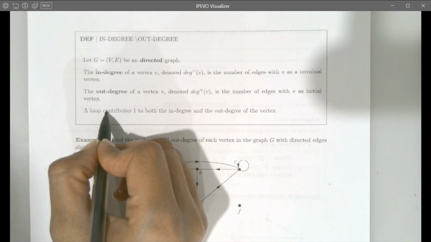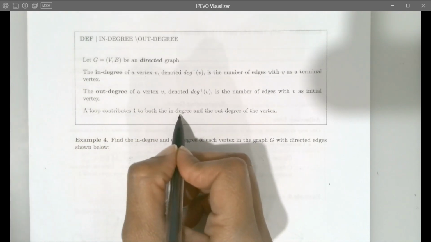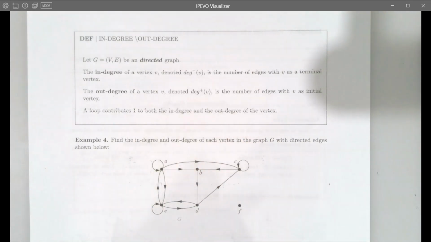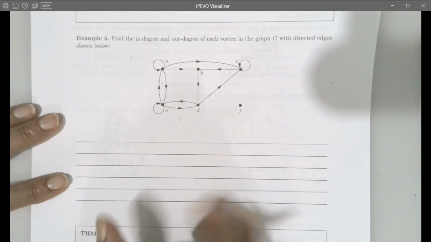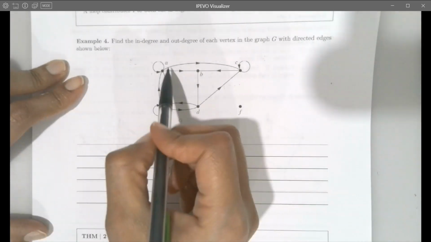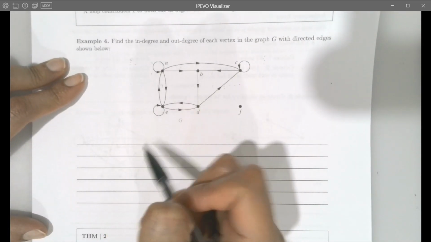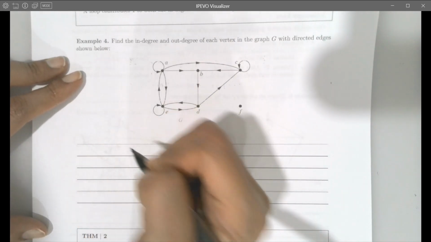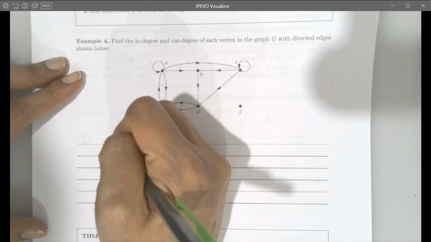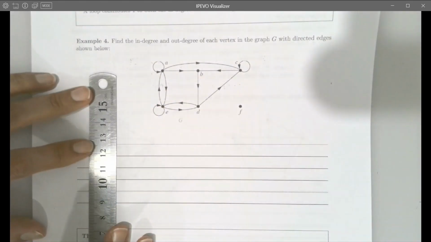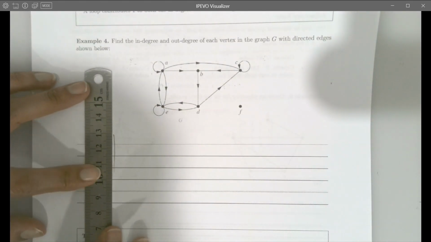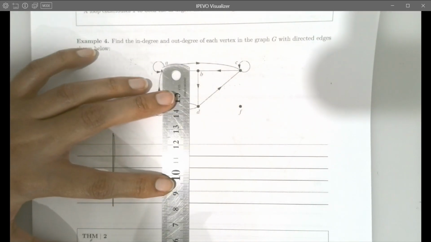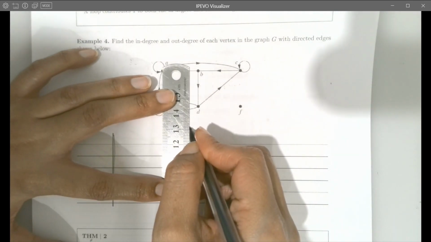And a loop is going to contribute 1 to both the in degree and the out degree of the vertex. So let's apply those definitions with example number 4. They're asking us to find the in degree and out degree of all of the vertices in graph G. So I'm going to create a table. First column will be for my vertices, second one will be for the in degree, and last one for the out degree.